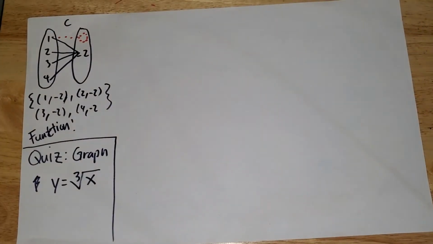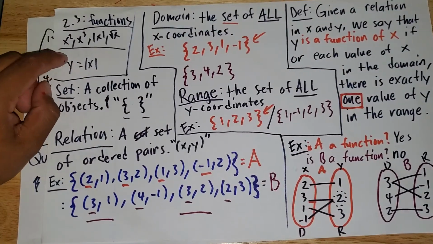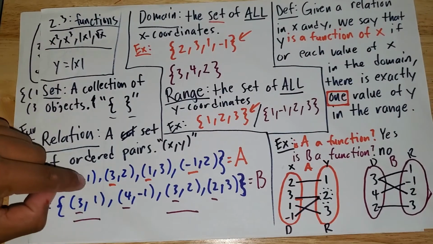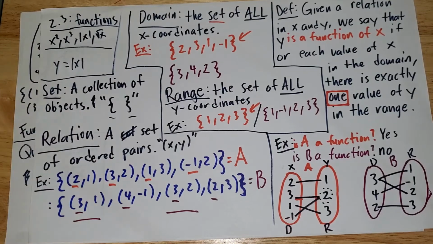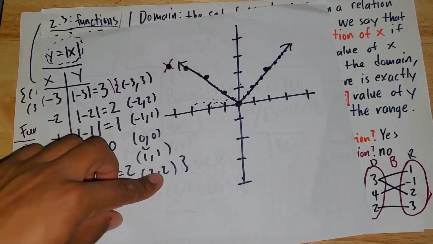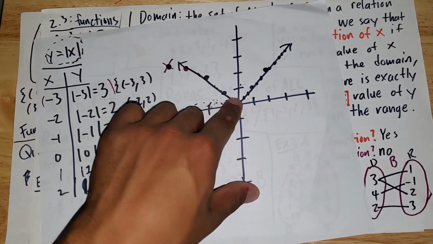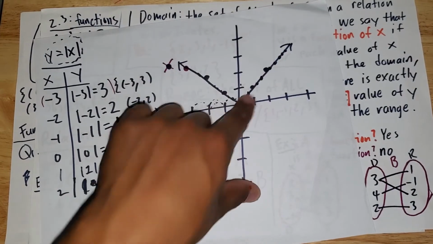So the idea is we want to be able to see if these equations define functions. But they get tricky because here, all we did was look at the relation. But we just saw that there's an infinite amount of ordered pairs on this graph.